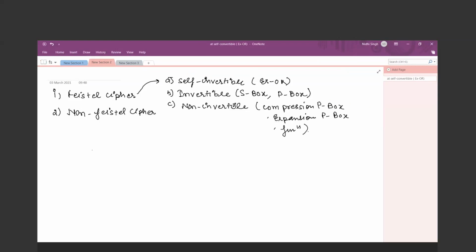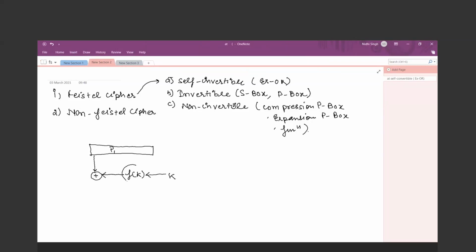Okay, so the Feistel cipher example can be understood like this: suppose we have a plain text. This is a block of plain text P1. So first I will include the self-invertible component, meaning we have to perform the XOR. And this XOR will take the other input as F key. And F key will take input from the cipher key.